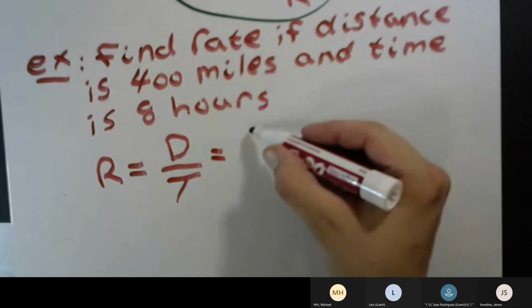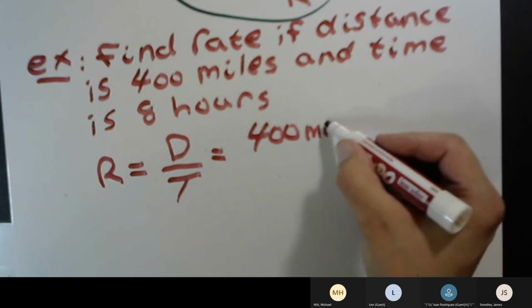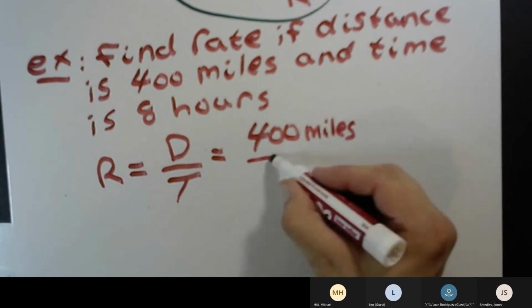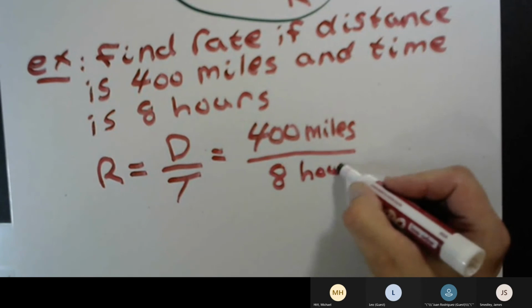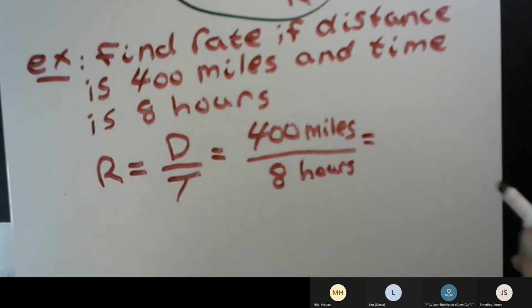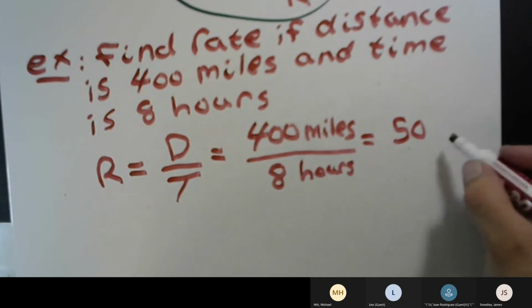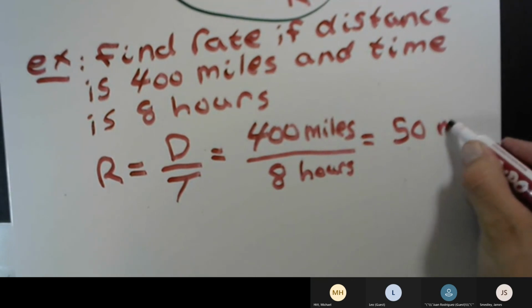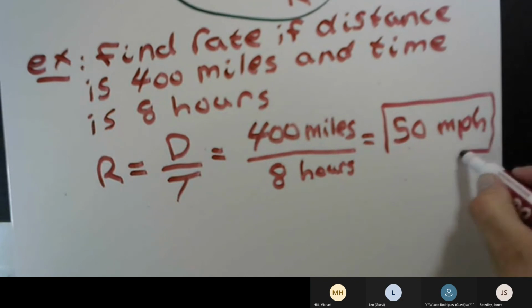And we're going to substitute a distance of 400, a time of 8 hours, and that's going to give us 50. And we have miles over hours. That's 50 miles per hour.